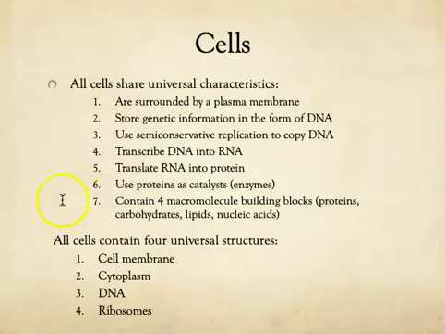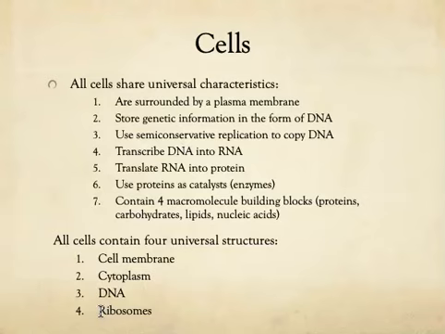Now, at the bottom of the slide, you can also see another list, the list of the 4 universal structures that you find inside cells. So again, all cells have a membrane, all cells contain cytoplasm, all cells contain DNA, and all cells contain ribosomes.